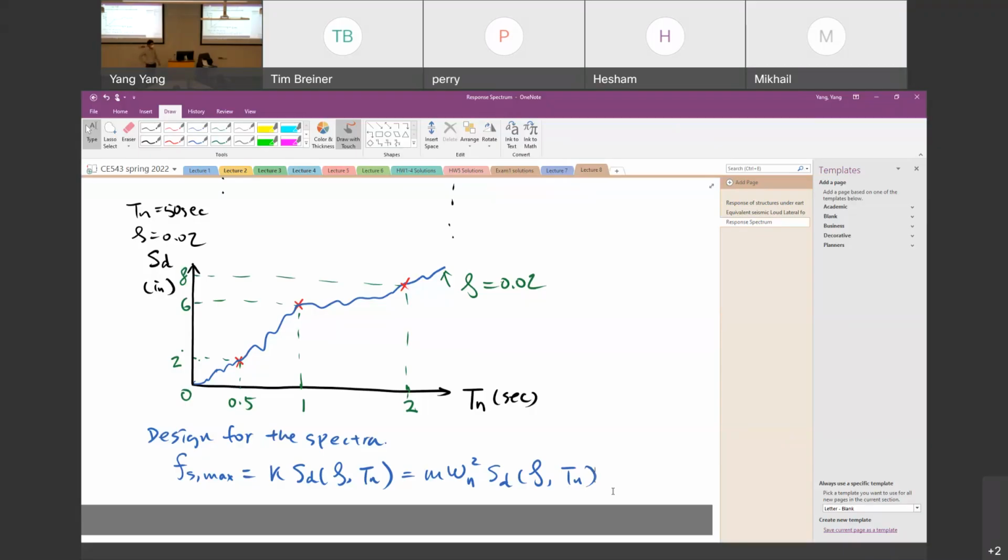But how can we evaluate the damping of the structure? Evaluating the damping of the structure is still a challenging task for engineers nowadays. The only way to know the damping ratio is to do some dynamic tests. We cannot calculate the damping ratio based on theoretical derivations.